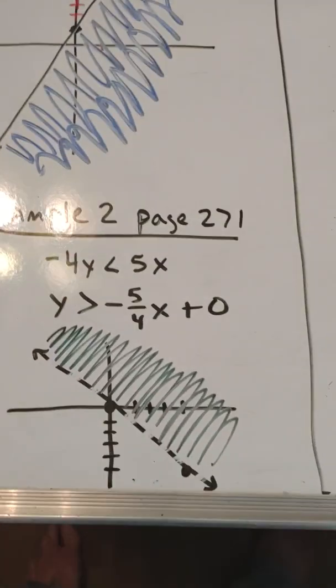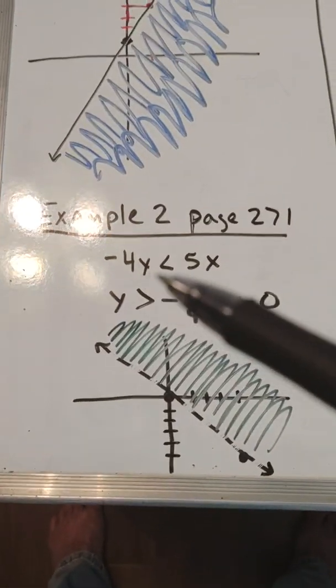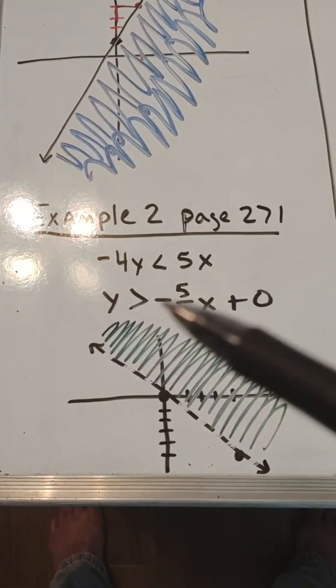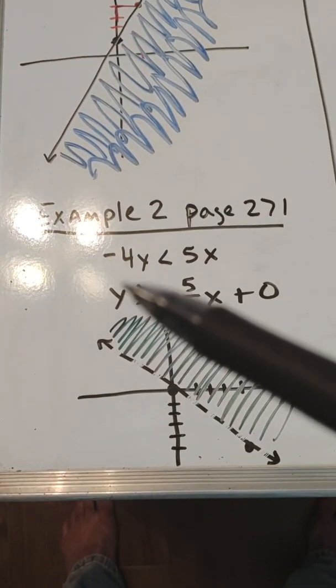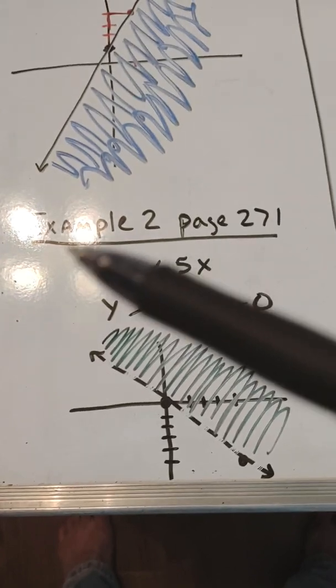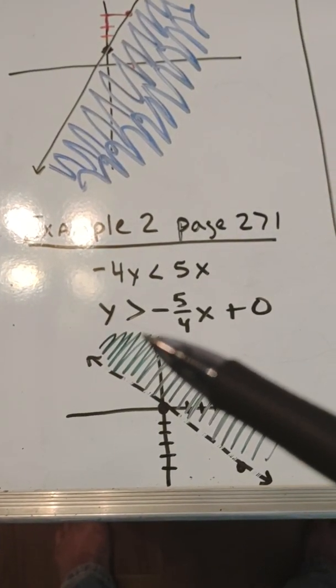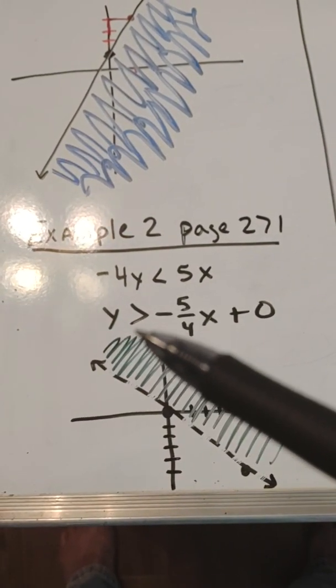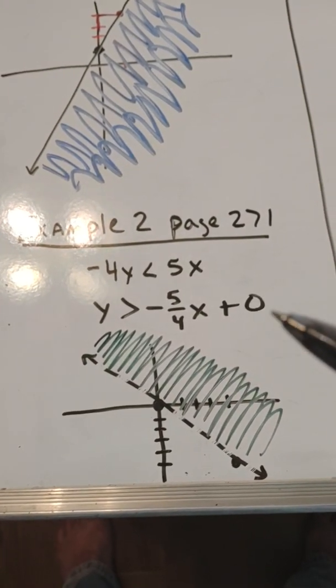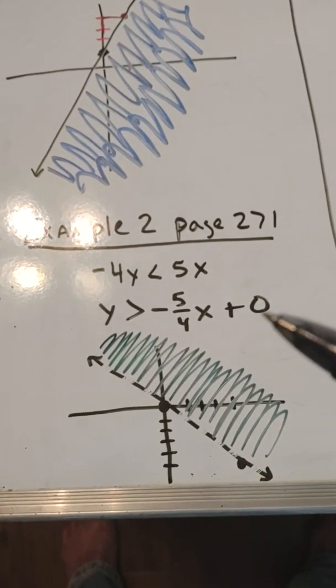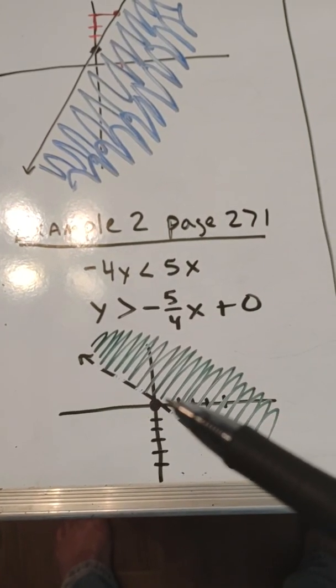Here's example 2. We have negative 4y is less than or equal to 5x. Divide the negative 4 over. Remember, whenever we divide or multiply by a negative, we've got to flip the sign. So this becomes y is greater than negative 5/4 x plus 0. I always put it in slope-intercept form, so my y-intercept is 0.